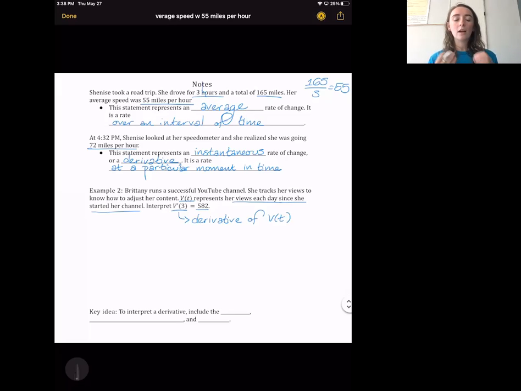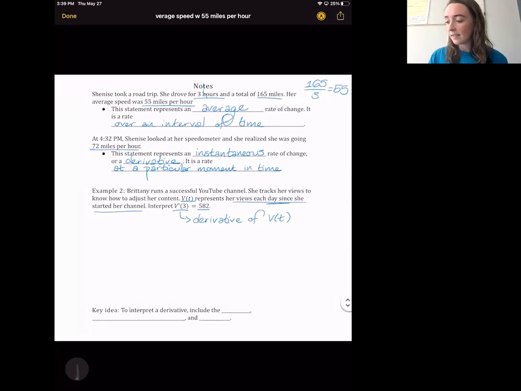Okay, so our interpretation is going to involve a couple of different things. First of all, I see that I want to find v prime of 3. That 3 represents our instant in time, that one moment. So in this case, it's 3. Well, what is time measured in this question? Well, t is the number of days since she started her channel.